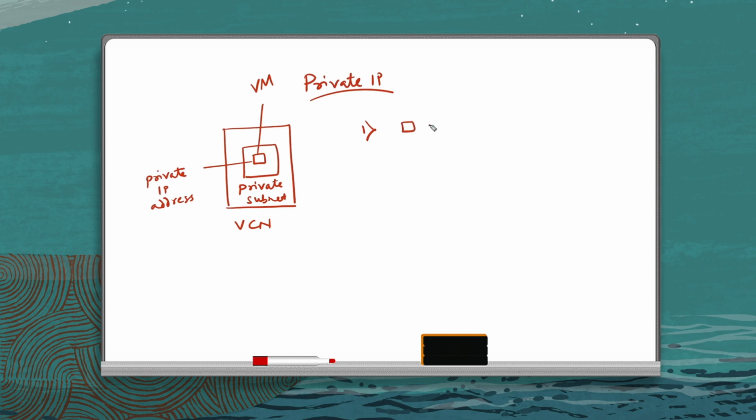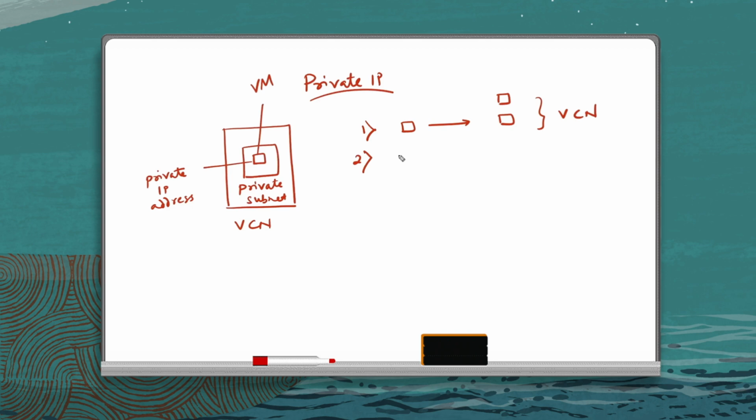This instance can talk to other instances in the same VCN. There might be, let's say 7, 8, 10, whatever the number of instances in the same VCN, might be in a different subnet, but the condition is the instances should be in the same VCN. So the communication can happen through private IP address.